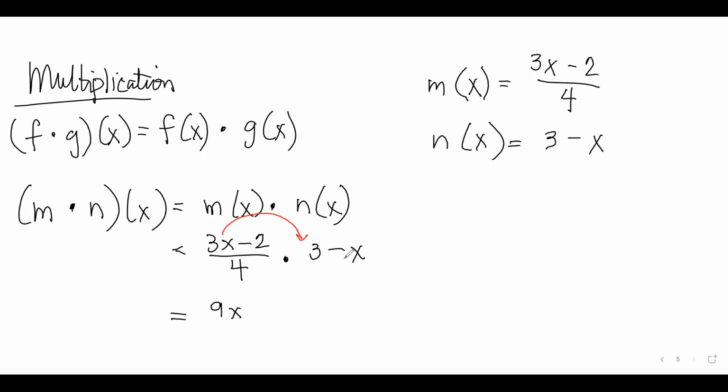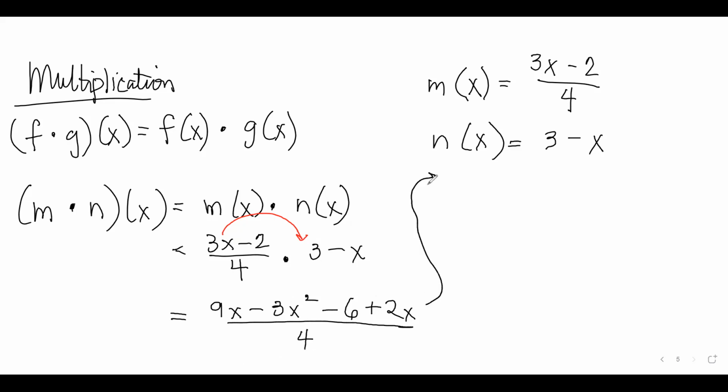3x times negative x, that would be negative 3x squared. Negative 2 times 3, that would be negative 6. And negative 2 times negative x, that would be positive 2x. O pag sama-samahin, may over 4 pa pala yan. I forgot. Kasi multiplication.